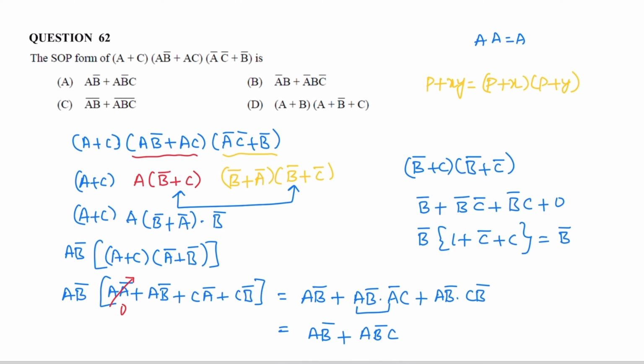The correct option is a b' + a b' c. A into a is a, b' into b' is b', it's b' only. So using these simple rules of Boolean algebra, we will solve this expression.